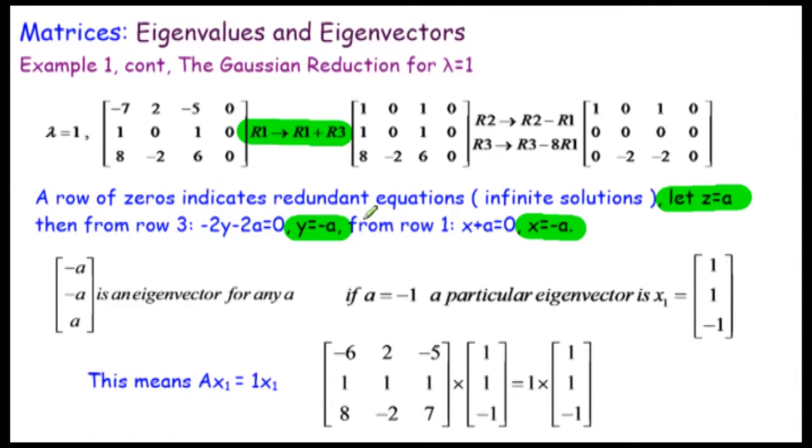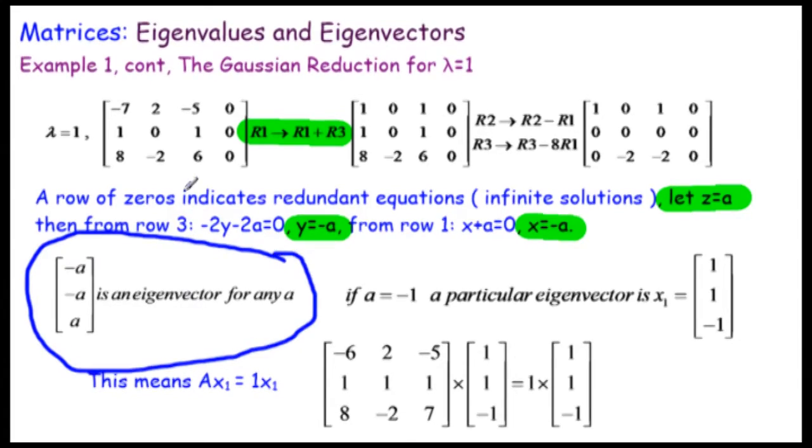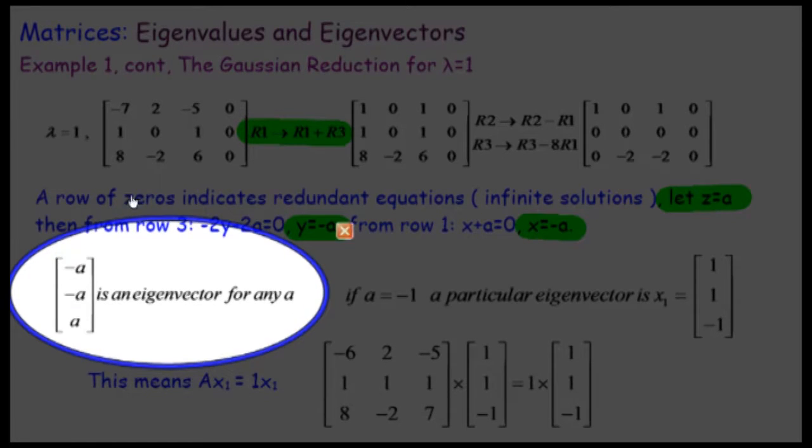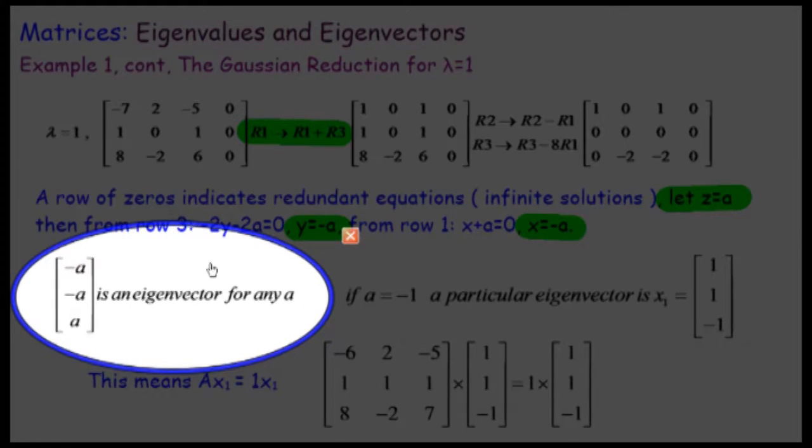Eventually we end up getting this expression here. Let me put a circle around this. Not too bad. This is our eigenvector for any value of a.